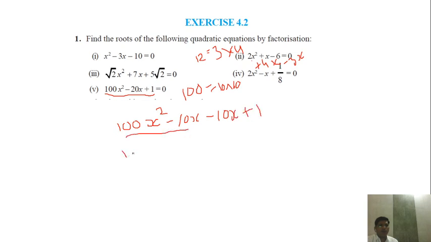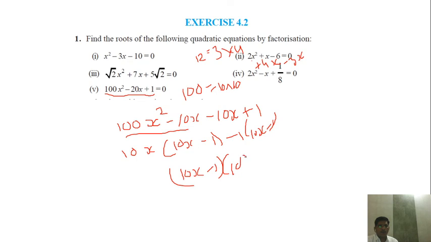So I have to make 10x common here. In bracket I have to write 10x minus 1. Again minus 1 common, 10x minus 1. So 10x minus 1 two times I have to write. So the answer is x is equal to 1 by 10.